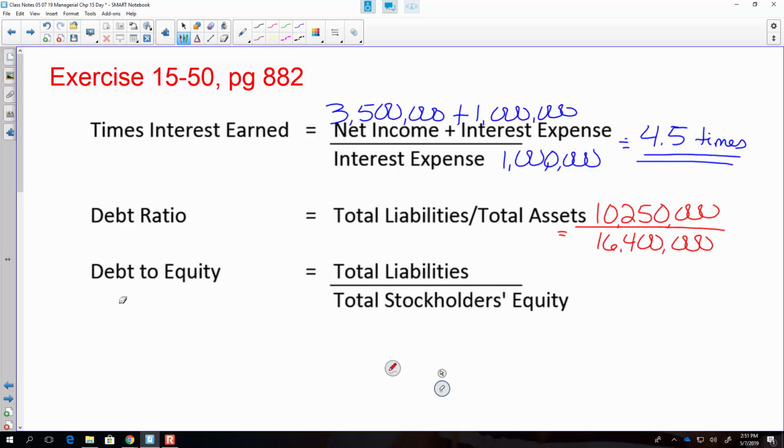That's about 60%, right? Can someone help me there?